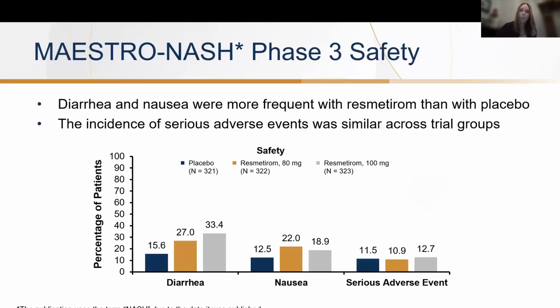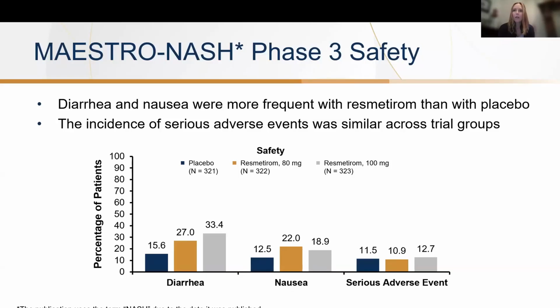As far as safety, overall very well tolerated. Diarrhea and nausea were more frequent in the resmetirom patients than the placebo. And you can see placebo is the dark blue, resmetirom 80 milligrams is in the gold, and then resmetirom 100 milligrams is the gray or silver.